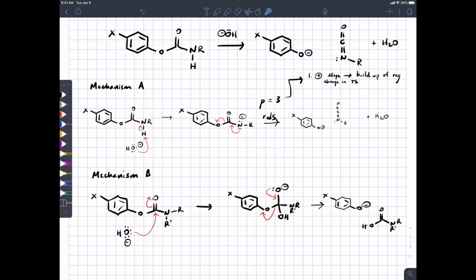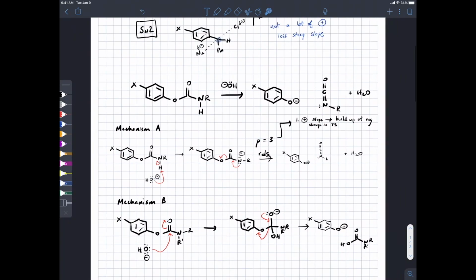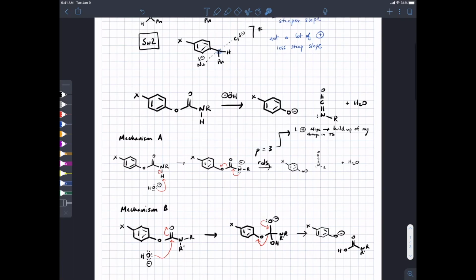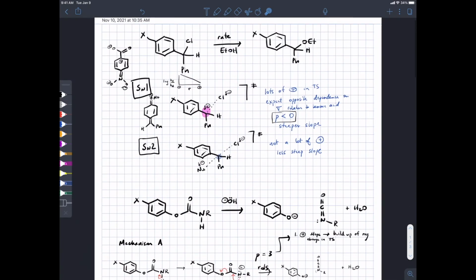Just, I guess, to make this similar to the reaction we did before, was that like the SN2? So the reaction we did before is opposite because it's a buildup of positive charge in the transition state. So if rho is negative, if the slope is negative, then you infer you got a buildup of positive charge in the transition state.